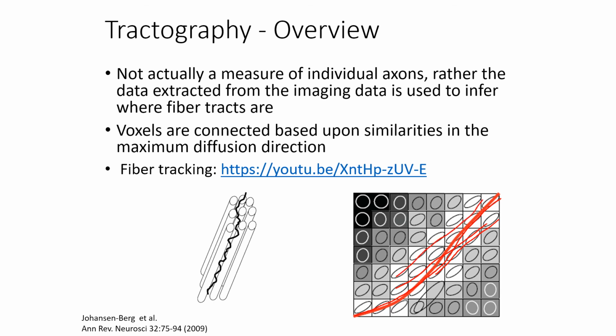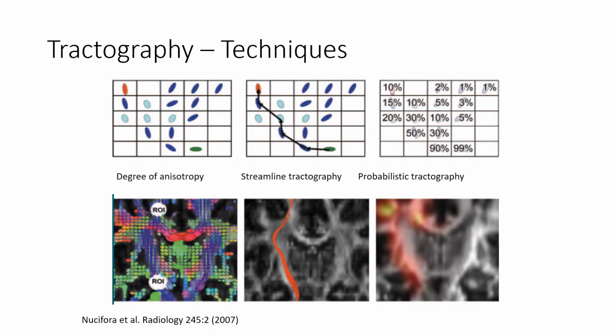This dark one is diffusion displacement in kind of a spherical shape. So we can't really know where that's going, but some of these other ones we can maybe draw lines like that, and then we can start to draw these lines and do fiber tracking. And so again, that's called streamline tractography.